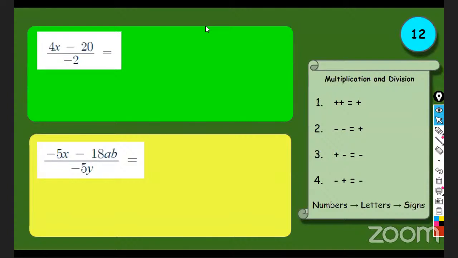So this question is one of the most popular situations you're going to run into in maths, where you have two items on top. You see, you have 4x and 20, and you have one big divide sign, and you have one item underneath.